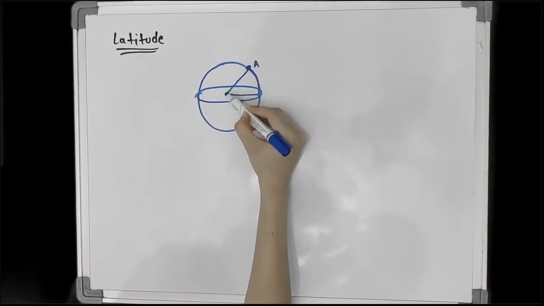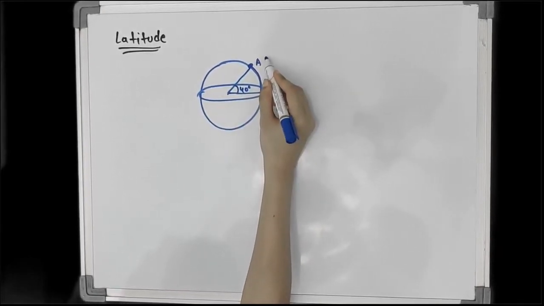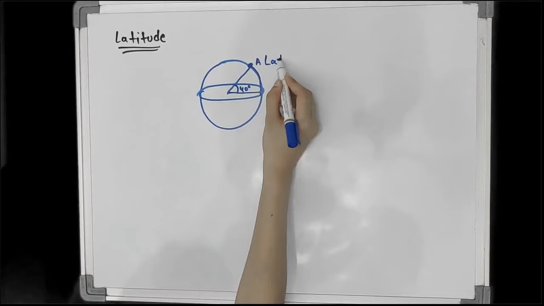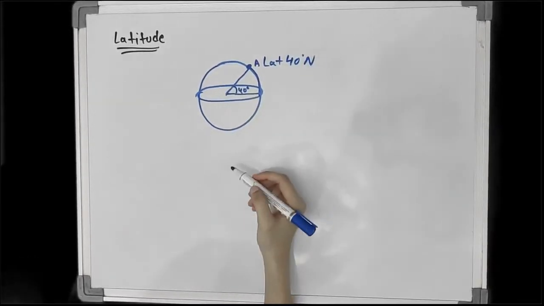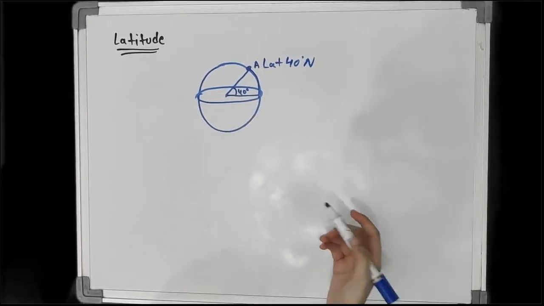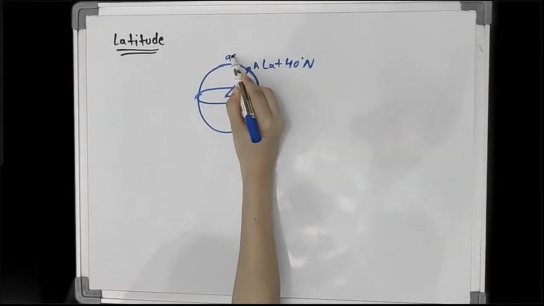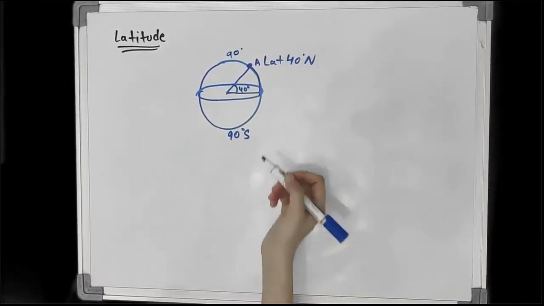This will be the latitude. Let us suppose 40 degrees. This is the latitude, 40 degrees north. The latitude can be measured up to 90 degrees north or 90 degrees south.